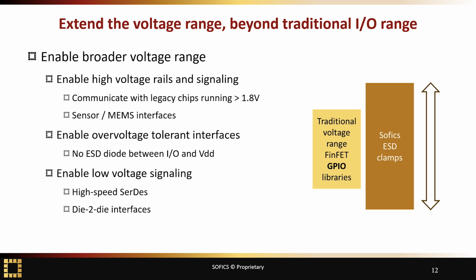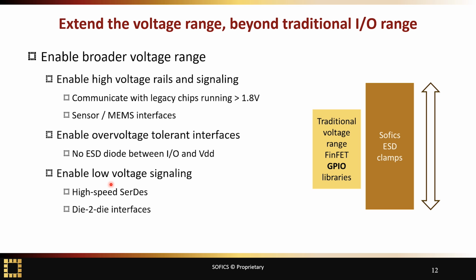As I mentioned in the intro, sometimes the foundry library is limiting companies in the voltage levels that they can use. Sometimes you need higher voltages, for instance 5 volt or 3.3 volts. Sometimes you need to enable over voltage tolerant interfaces like I2C, where you cannot allow an ESD diode between I/O and VDD.